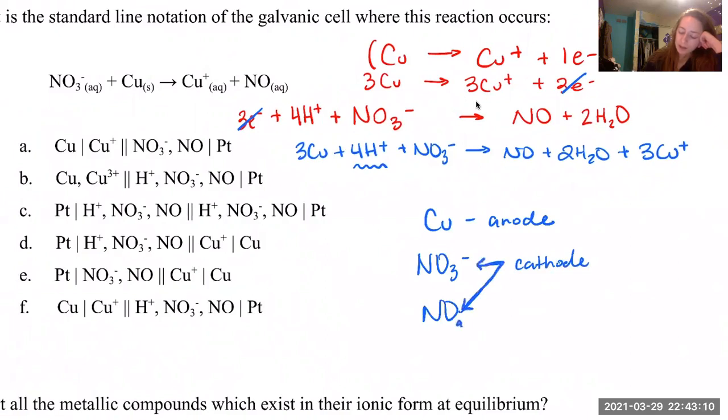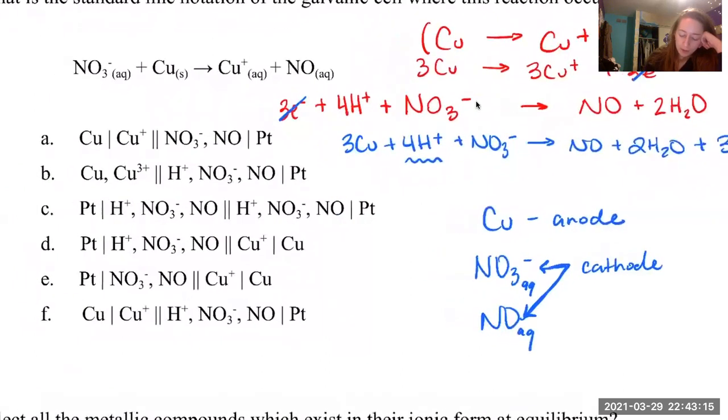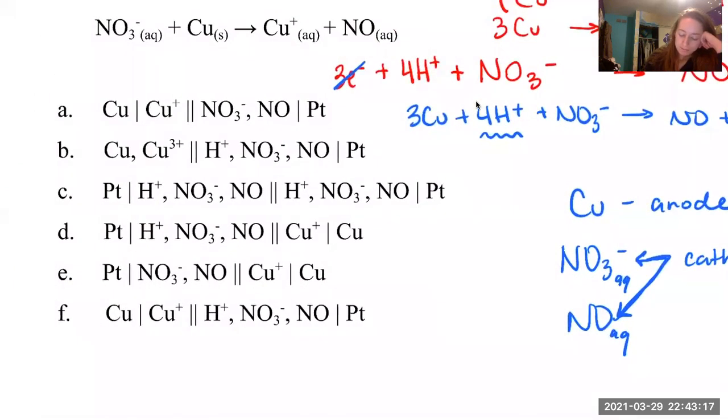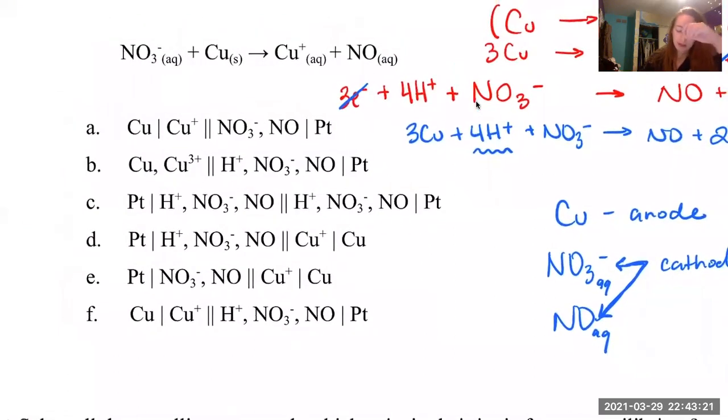They're both aqueous, so that also causes a problem. So I'm going to look over here and see which ones show copper at the anode side, okay? All these ones are wrong because copper is not the anode. B is wrong because I don't know where this plus 3 came from.